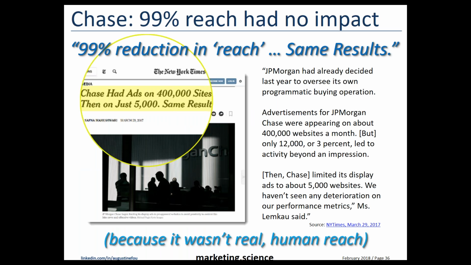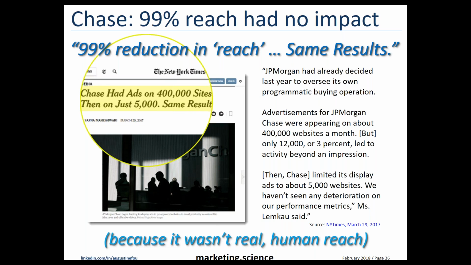Now let me talk a little bit about the marketers. These are the marketers that place ads on different websites. If you understand what they're looking for and what experiments they're running, you know how to better serve them. You've heard of these experiments over the years. Last year, Chase ran their own experiment by cutting the number of sites which showed their ad from 400,000 sites to just 5,000.